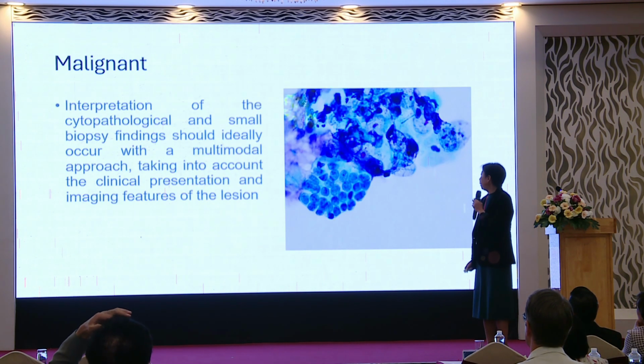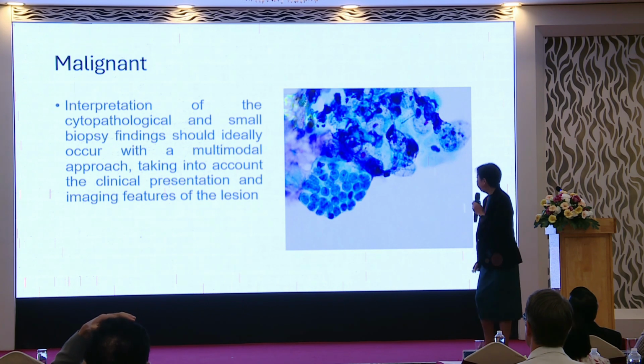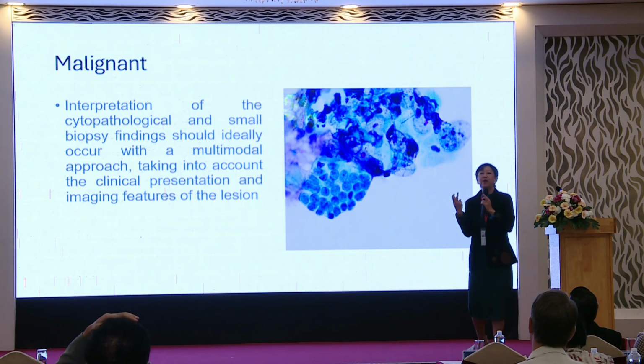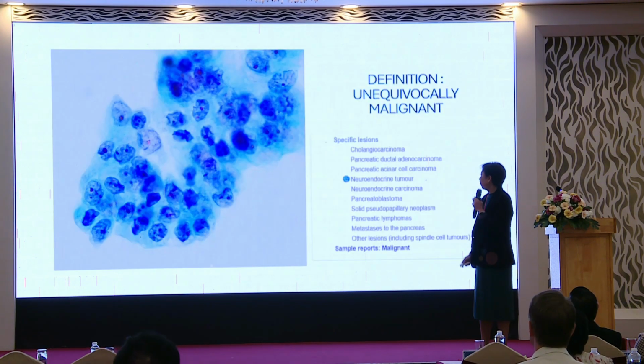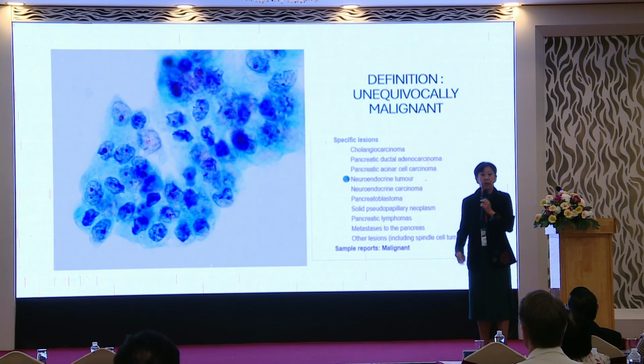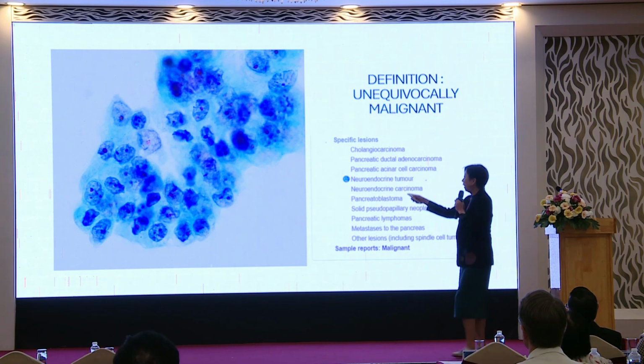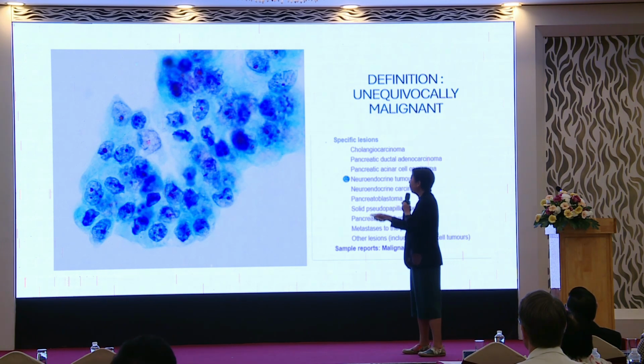In cytopathology, we have to be very confident of what is atypical. So, this is definitely unequivocally malignant, so we can call malignant. You can see nuclei, nuclear membrane, nucleoli.